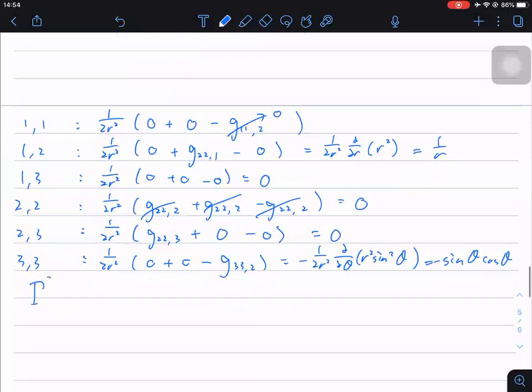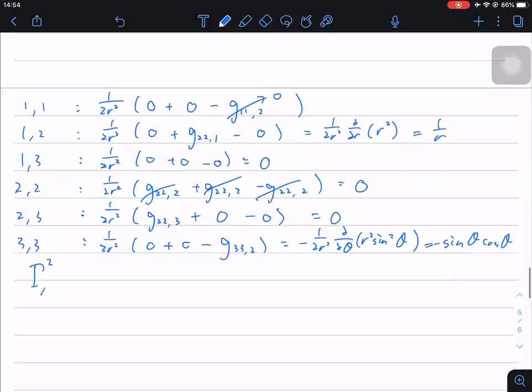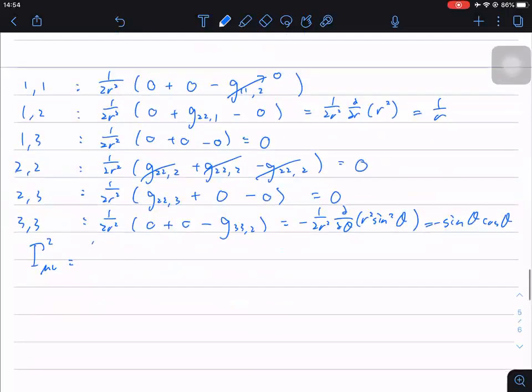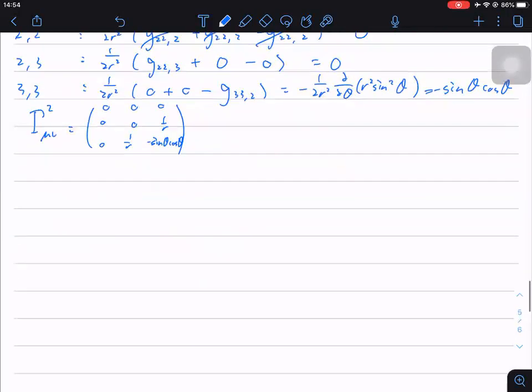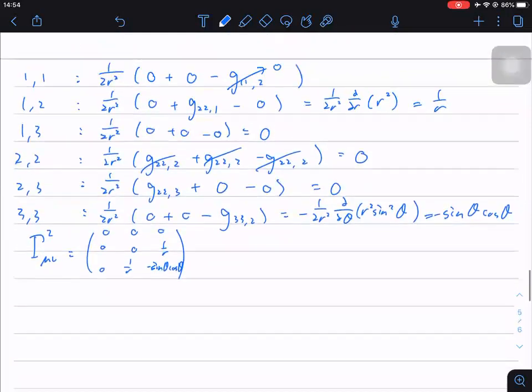So finally, we can write down the Christoffel symbol for theta in the upper index. It's something like this. Okay, so now we have finished 2/3 of the calculation. Yeah, it's painful work, but let us continue.